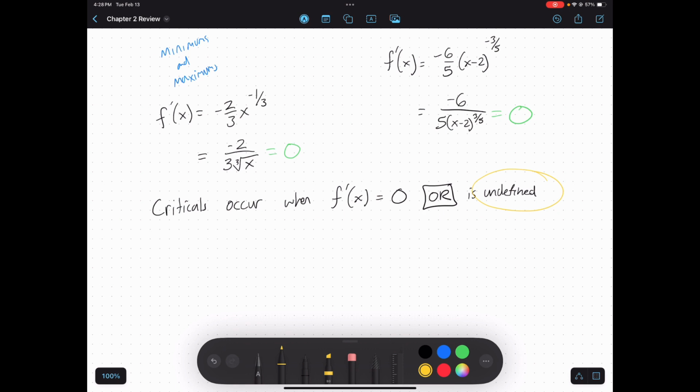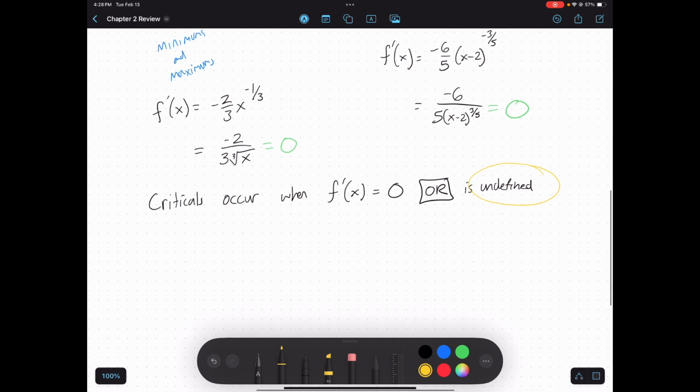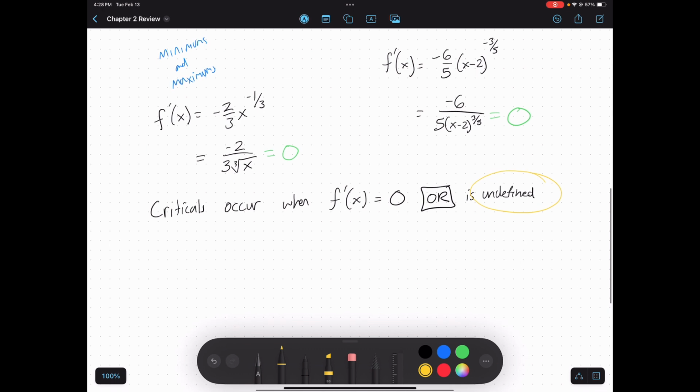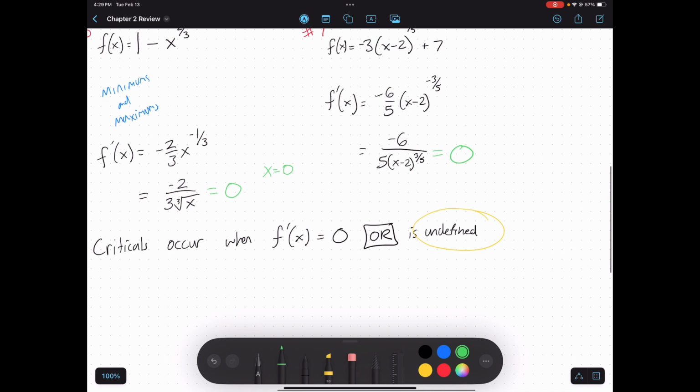Please remember that these functions also have critical points wherever the derivative is undefined. So if I look at number 3, what x value is going to make this undefined? x equals 0. Right? If you try and plug in 0, you get a 0 in the denominator and your derivative is undefined.